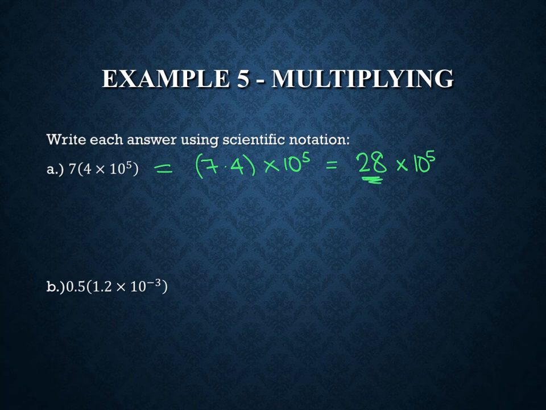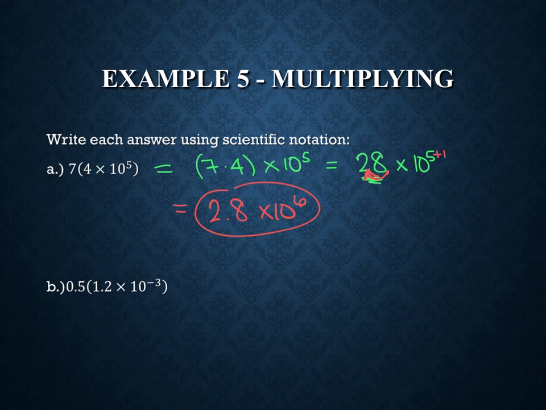However, 28 is not a number that is in between 1 and 10, so I have to readjust it. I'm going to move my decimal place from the end of 28 and push it in between the 2 and the 8, which will give me 2.8 times 10. And because I moved 1 decimal place, I'm going to have to add 1 to the exponent. So that will become 2.8 times 10 to the 6th, and this would be my final answer for part A.